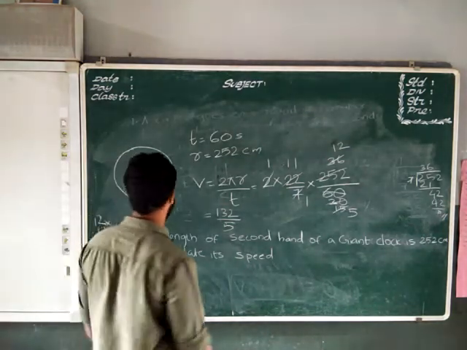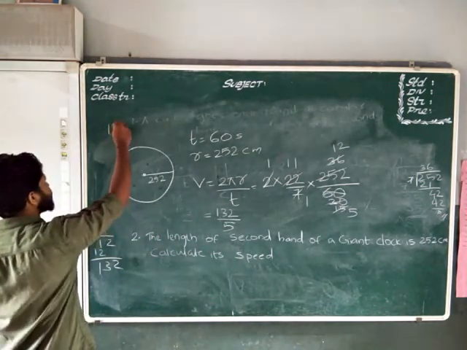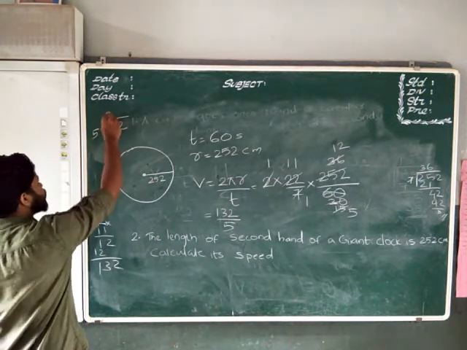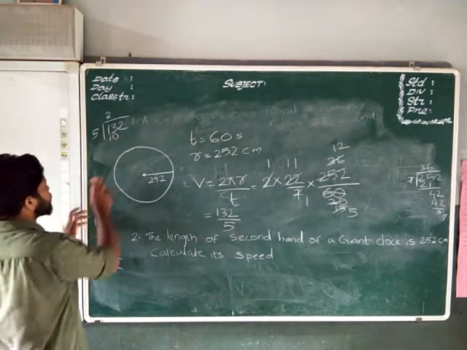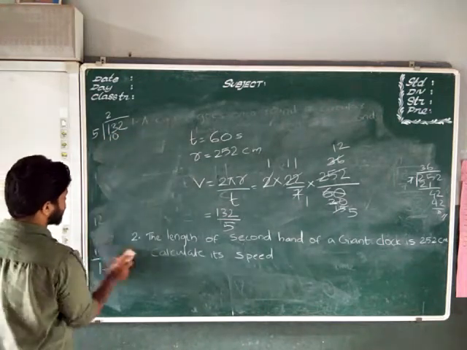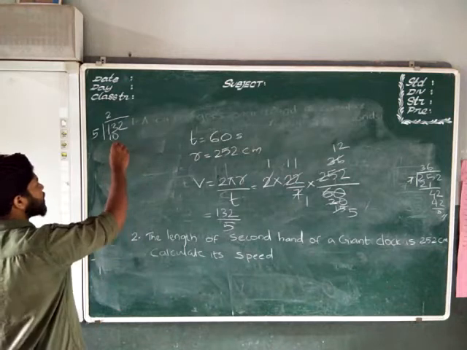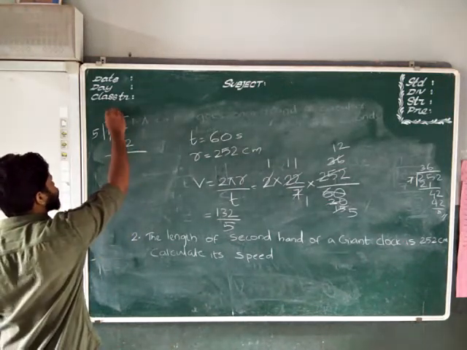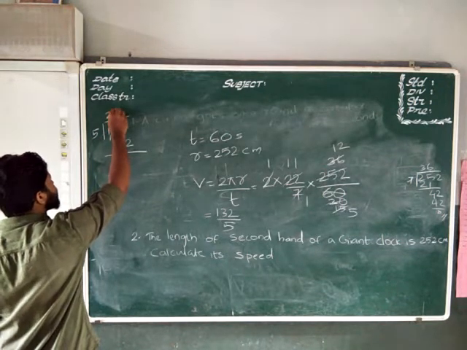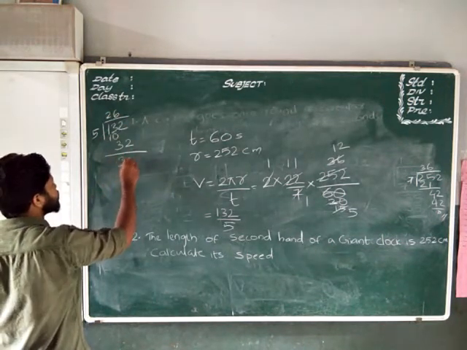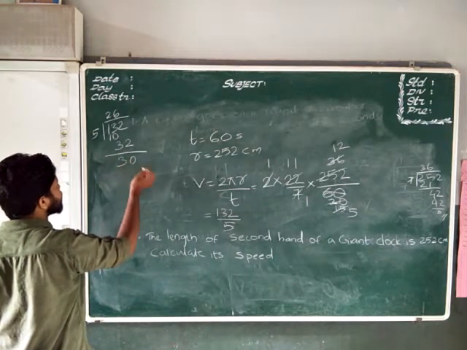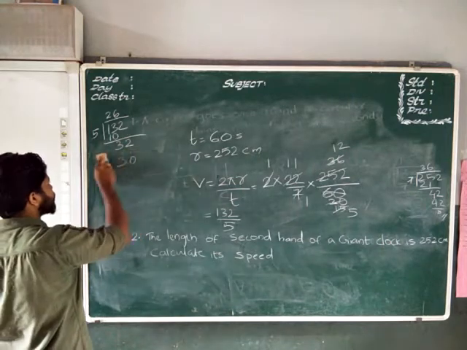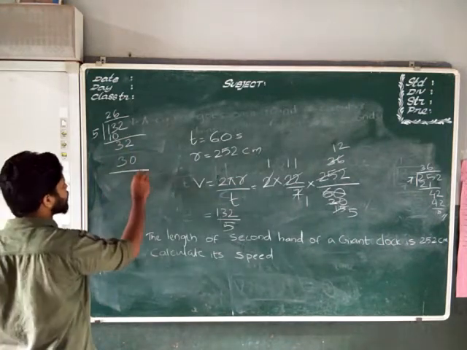Now let us divide 132 by 5. 2 5's are 10, then the remaining is 32, then 6 5's are 30, remaining is 2.